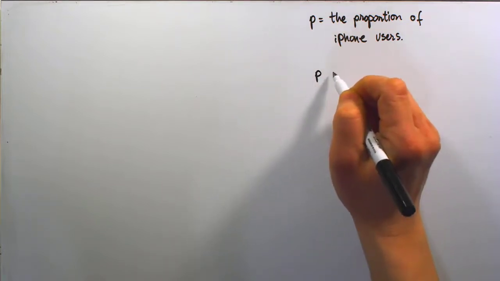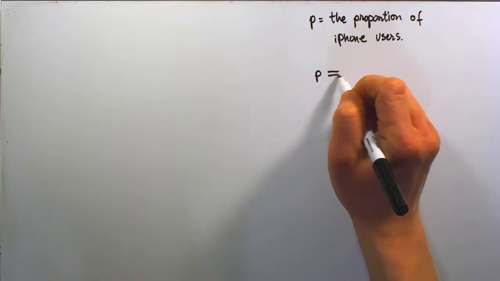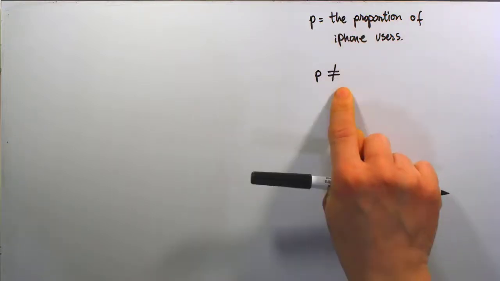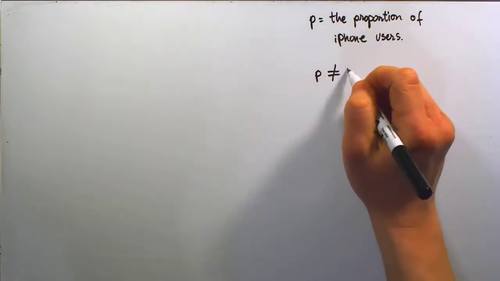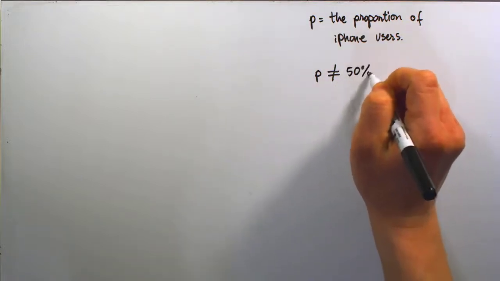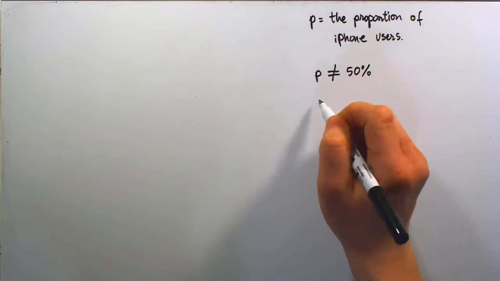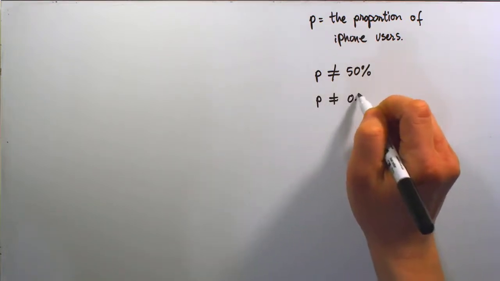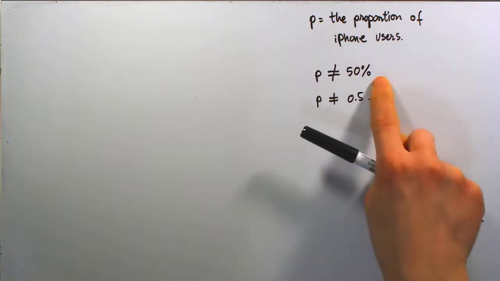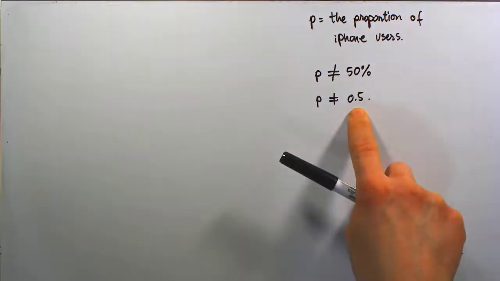So other than mathematically is represented by this symbol over here, not equal to. So we want to prove that P is other than 50%. Or in another way of saying, we want to prove that P is other than 0.5, because 50% in decimal is 0.5.